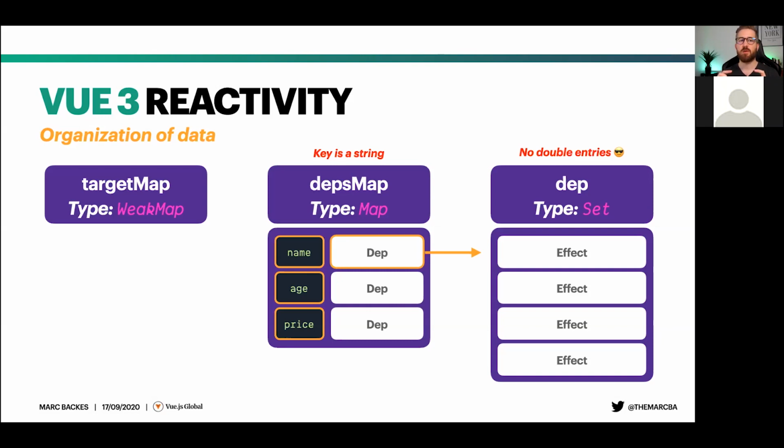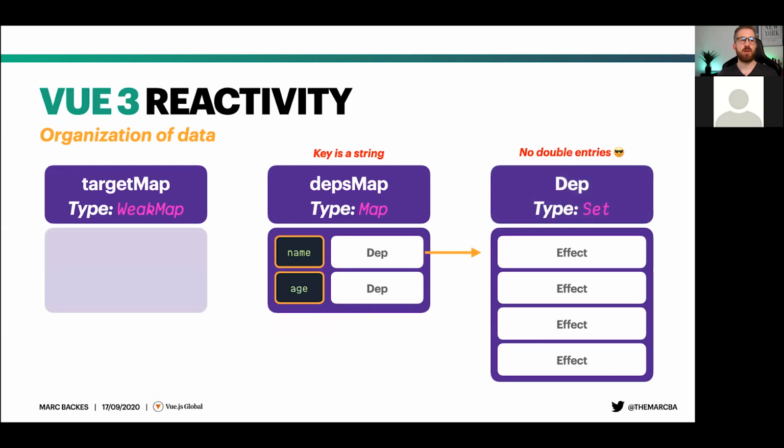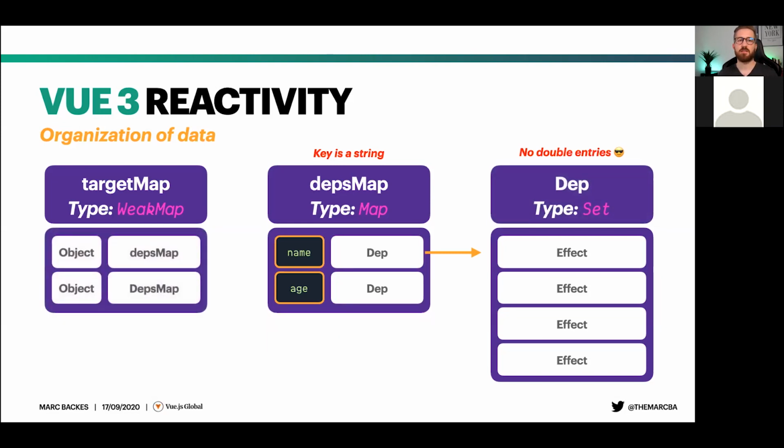For each property, we have a list of functions that are going to be executed when it changes. Then we have another layer on top of that, which is the targetMap. The targetMap is a Map, but instead of a string as a key, it takes an entire object as a key.